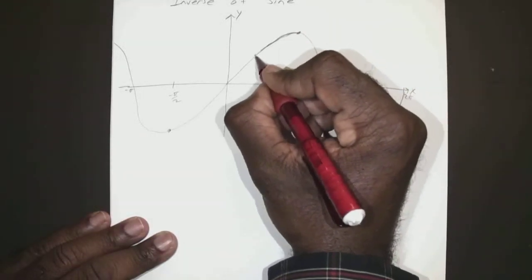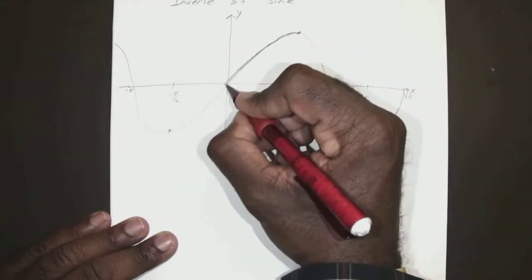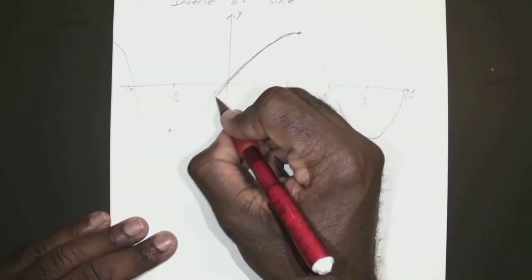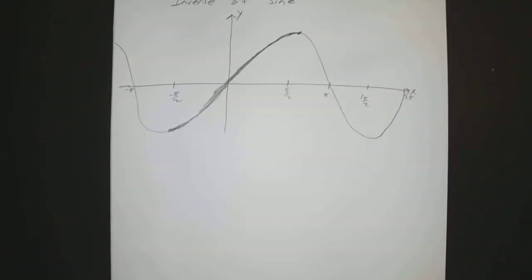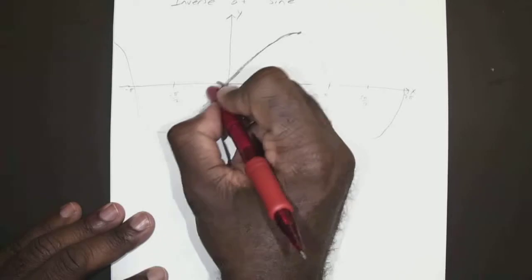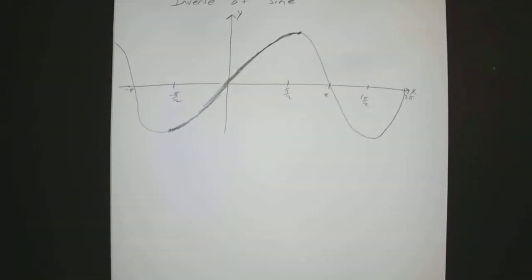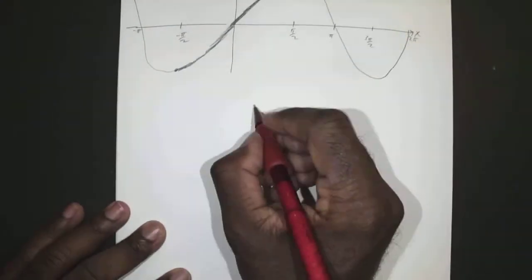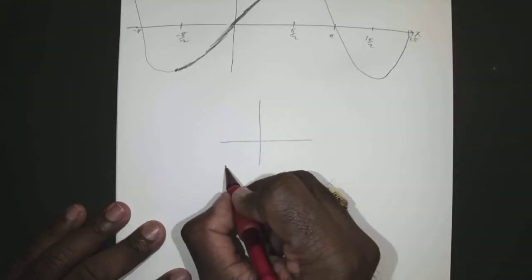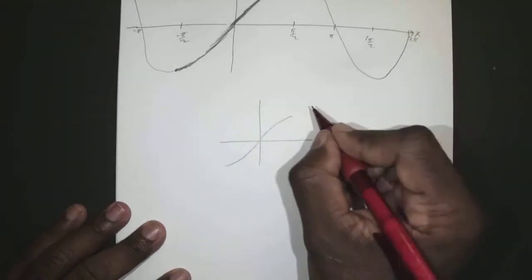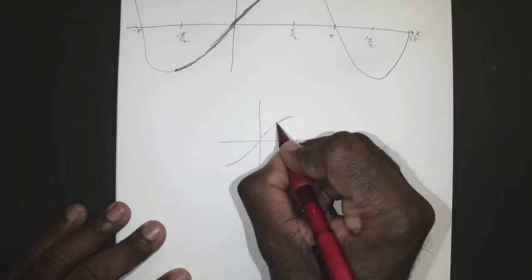Okay, so out of that entire graph, we're just going to worry about that one section. Kind of clean that up just a smidgen. Okay, so if we cut just that one section, it kind of looks like that.